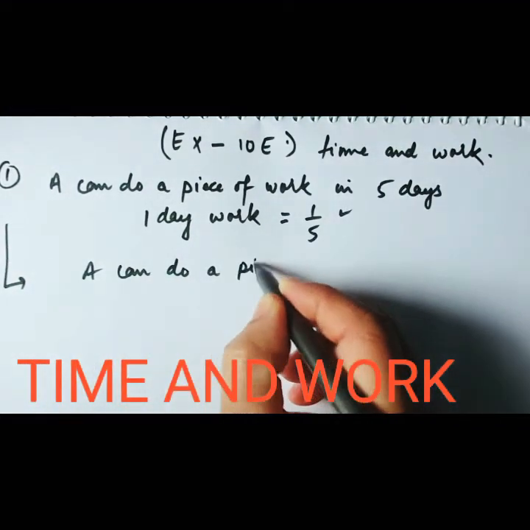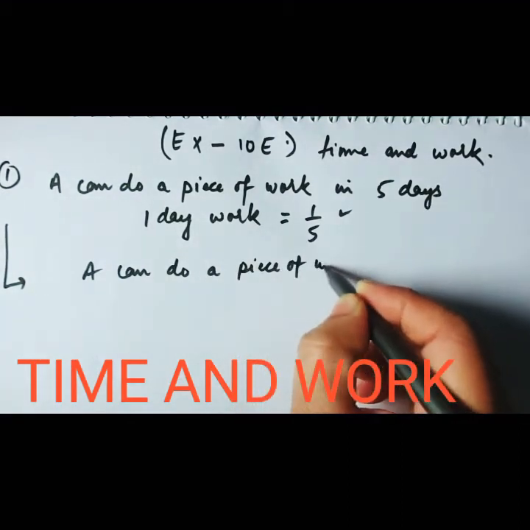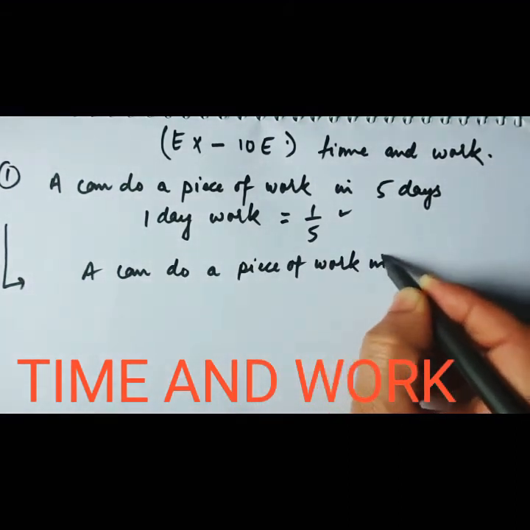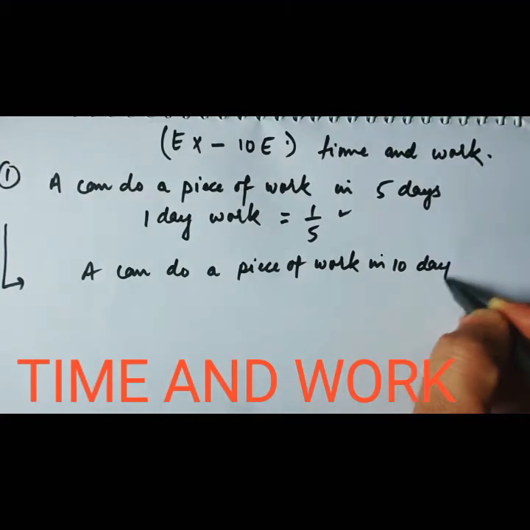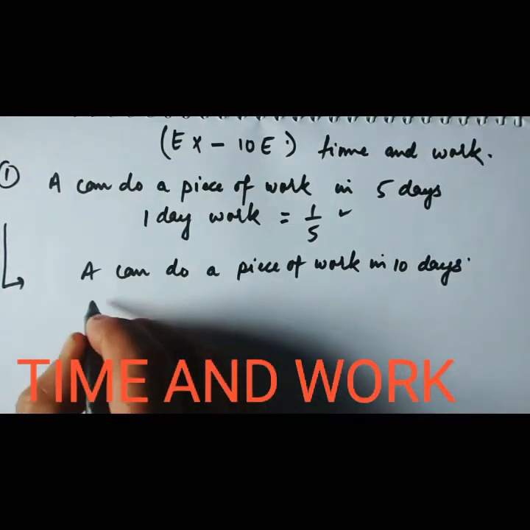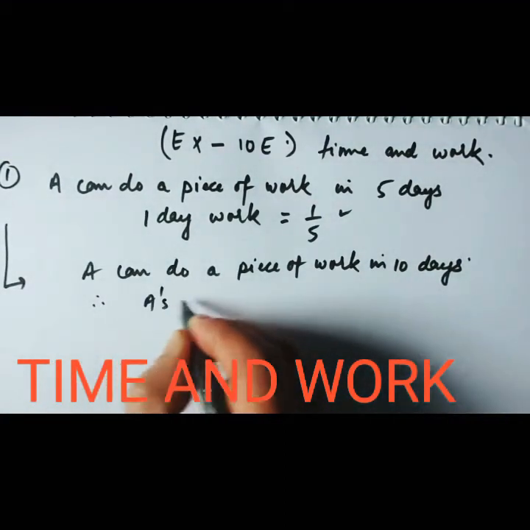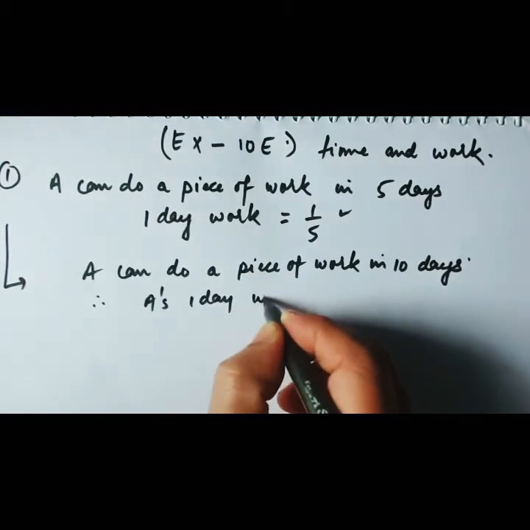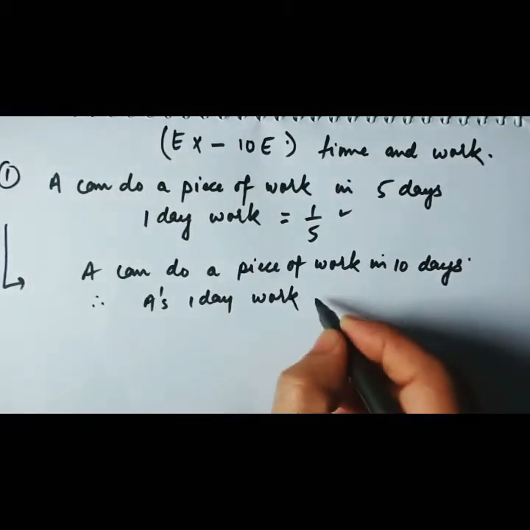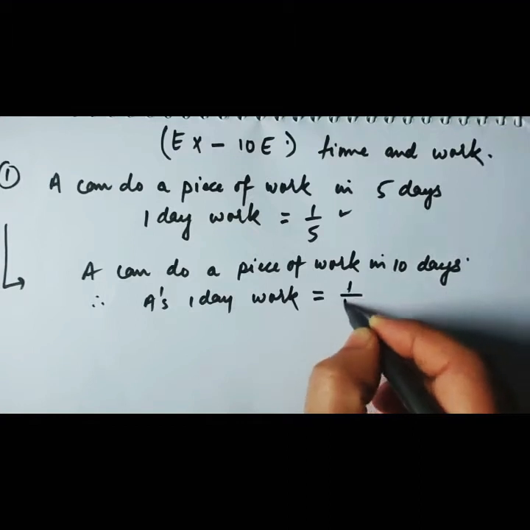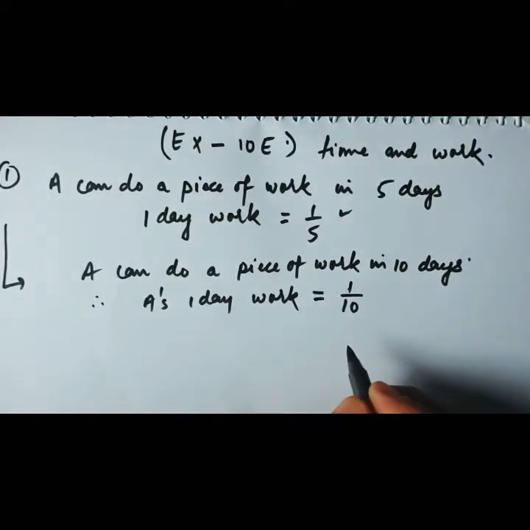Similarly, when we proceed on to question number 1, it says A can do a piece of work in 10 days. Therefore, A's 1 day work will be 1 by 10, 10 times less.